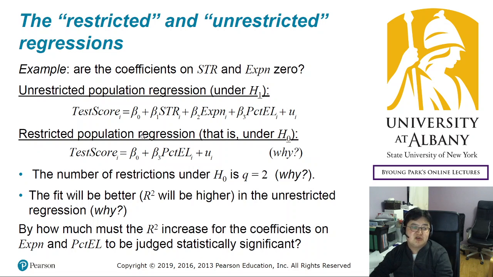So this is the restricted model, and the number of restrictions here is 2. The degrees of freedom is 2 because you are restricting two parameters, beta 1 and beta 2. The fit of the model will be better in the unrestricted model, because even if they do not have any explanatory power, they don't do any harm.